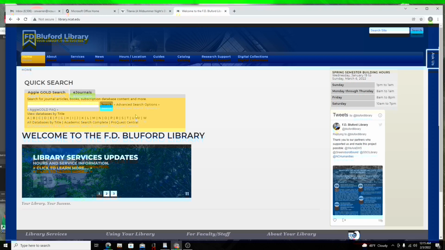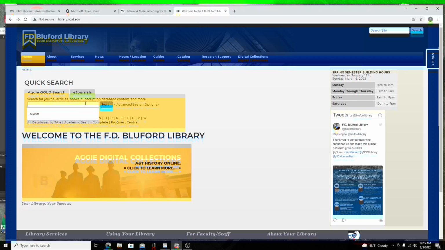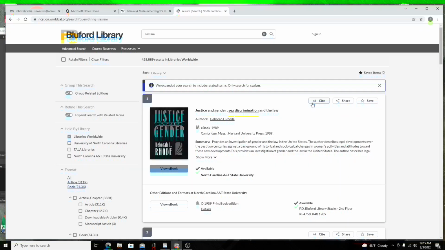One other thing I wanted to mention before I end my whole how to use Aggie Gold, very quickly, before we leave Aggie Gold, because it's applicable on all the databases. Just to show you, a lot of them have a cite button.